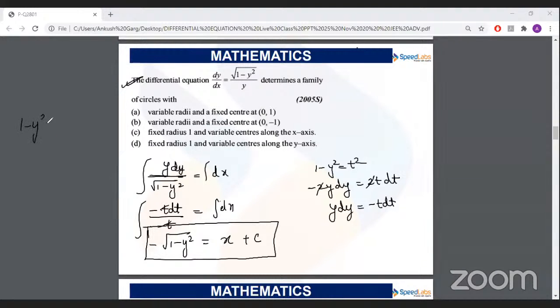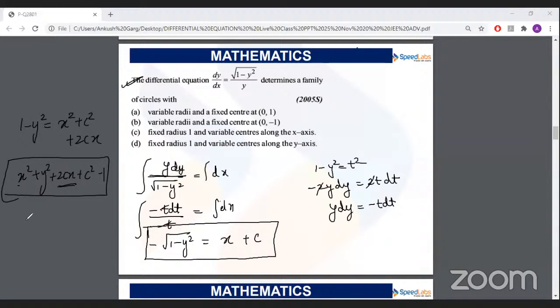So this will become 1 minus y square equal to x square plus c square plus 2cx. So now it is becoming x square plus y square plus 2cx plus c square minus 1 equal to 0. This is your equation of a circle, right? Can you see x square plus y square, no term of xy, the coefficients of x square and y square are equal to 1. That means yes, it's a circle.